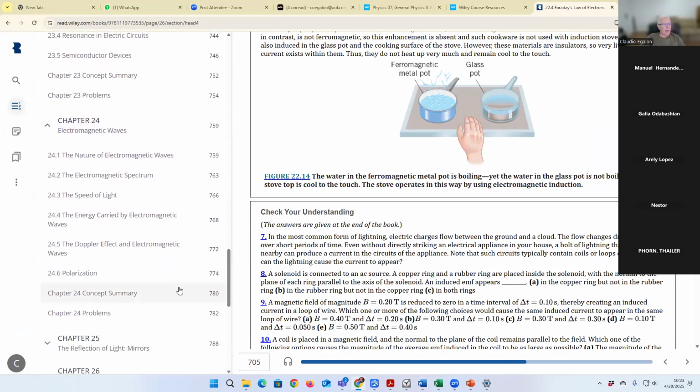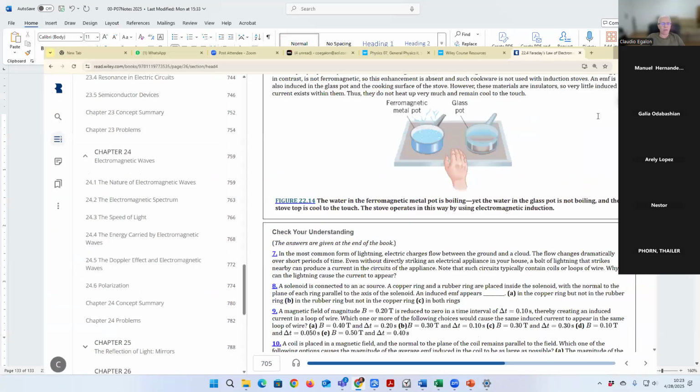And this idea of electromagnetic induction is going to result in the concept of electromagnetic waves.